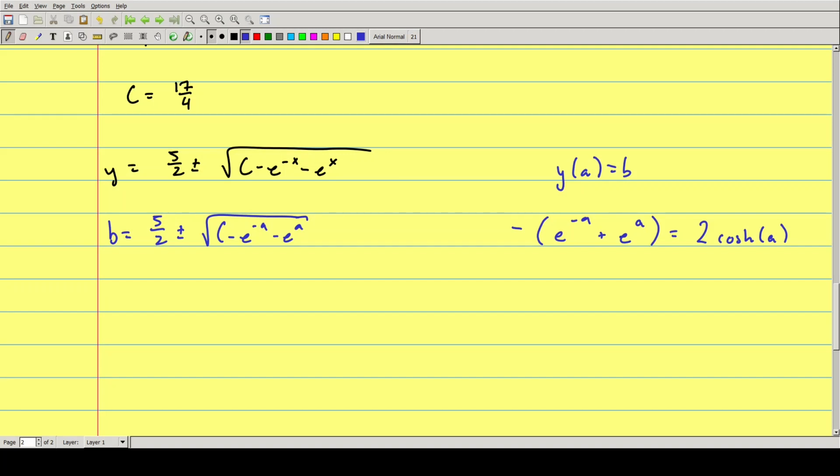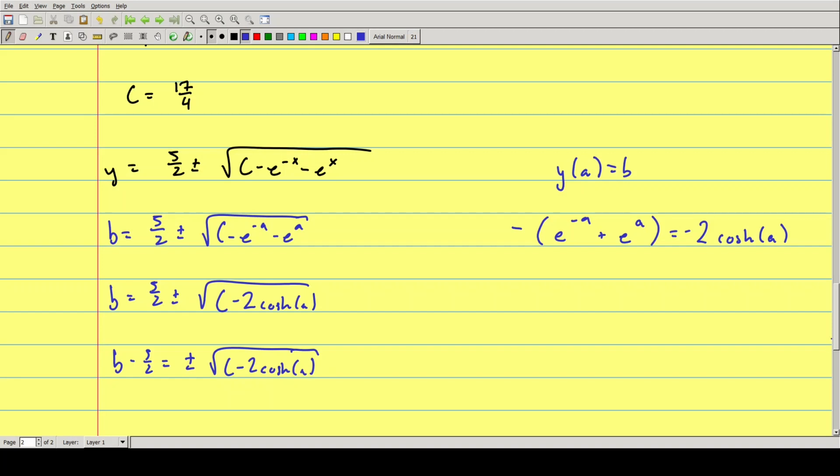Anywho, sorry, that should be -2 here. Okay, so we have b equals 5/2 plus or minus the square root of c minus 2 hyperbolic cosine of a. And then we want to get c by itself. So we have b minus 5/2 equals plus or minus the square root of c minus this.